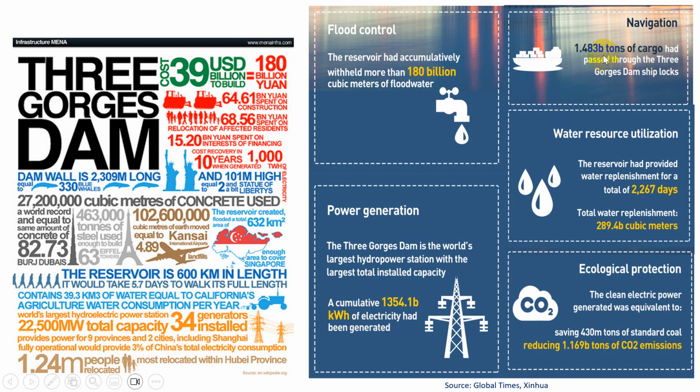For navigation, 1.4 billion tons of cargo have passed through the Three Gorges Dam ship locks. Water resource utilization. The reservoir has provided water replenishment for a total of 2,267 days, maybe around 7 years, with total water replenishment of 289.4 billion cubic meters.